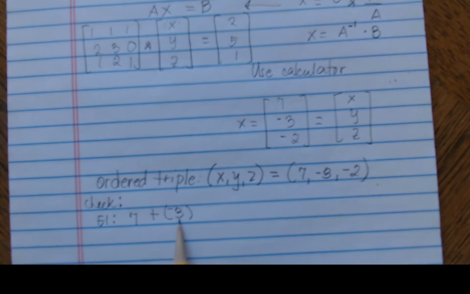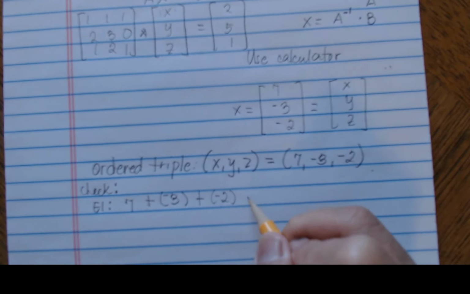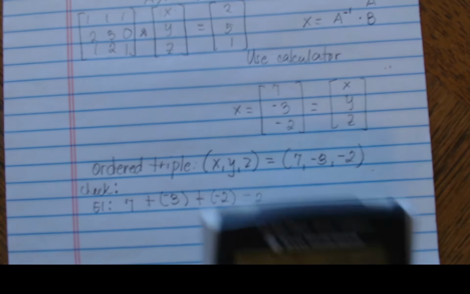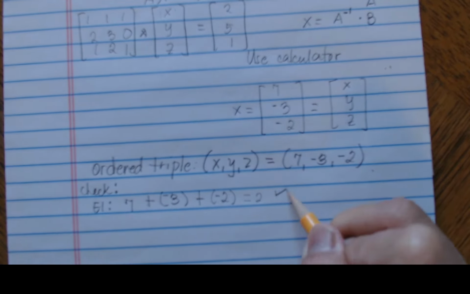Let's put parentheses around negative 3, so it won't look like we have a double sign. And then plus z, which is negative 2. So let's do the same thing. Let's put parentheses around negative 2. Is it equal to 2? Well, you can use calculator for that. You know that this is negative 5. Then so 7 plus negative 5 is a 2. So therefore it checks out.